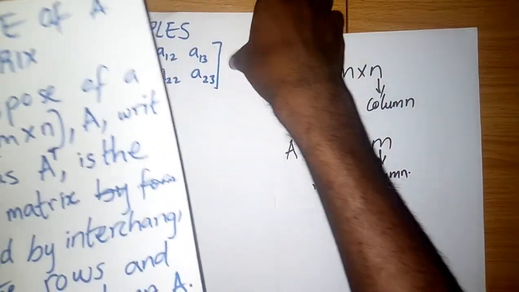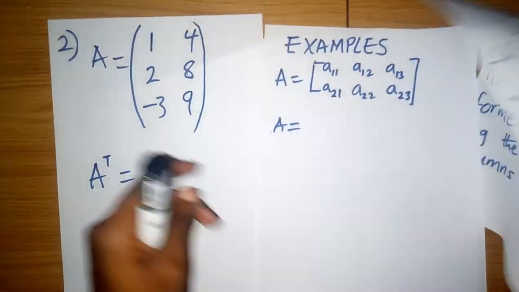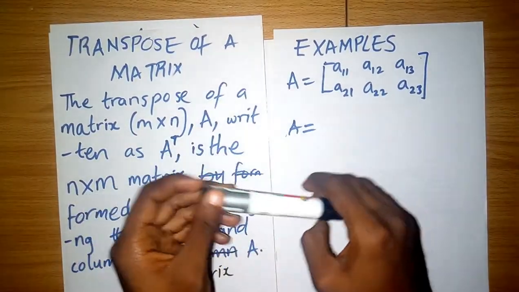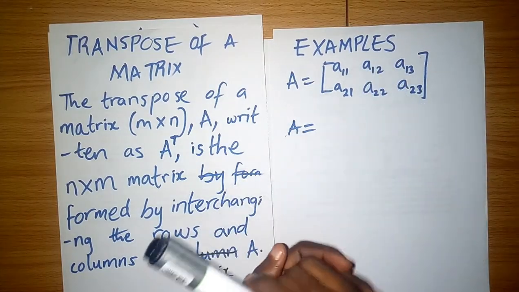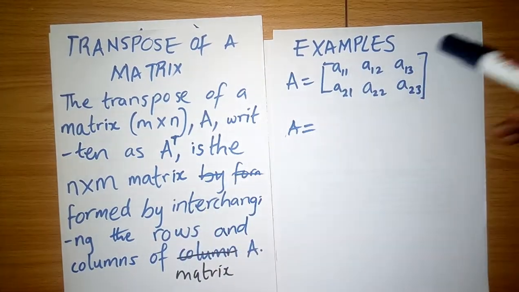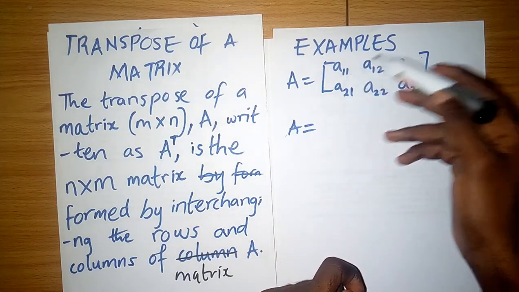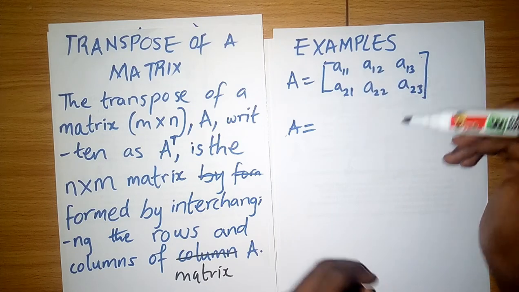Looking at this example, matrix A equals A11, A12, A13, A21, A22, A23.